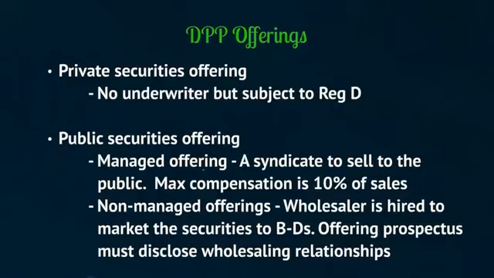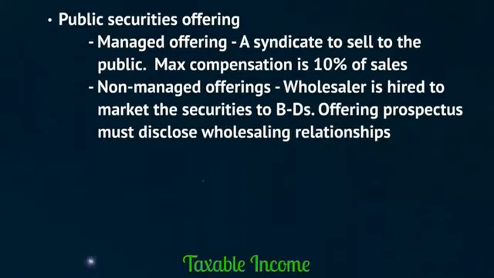Now, we call it a public securities offering, but it's not like it's sold out on the market or to the general public. We're still focusing on certain qualified investors, so it's still a limited type of distribution, but made through a group of broker-dealers that have access to those types of clients.